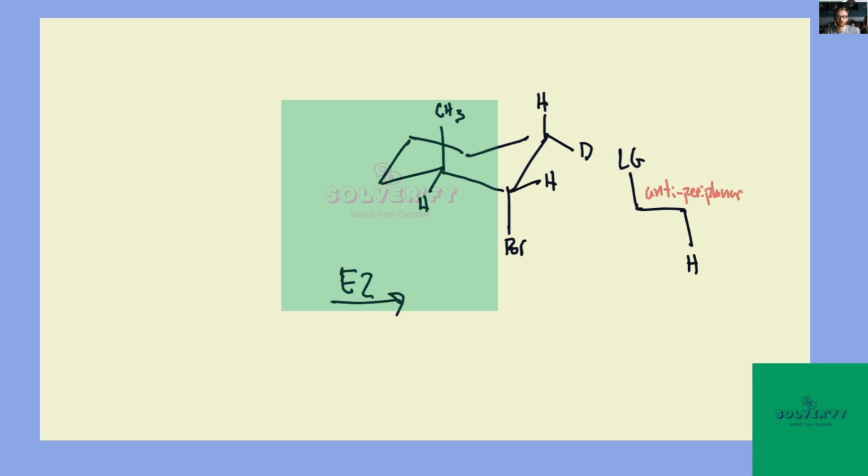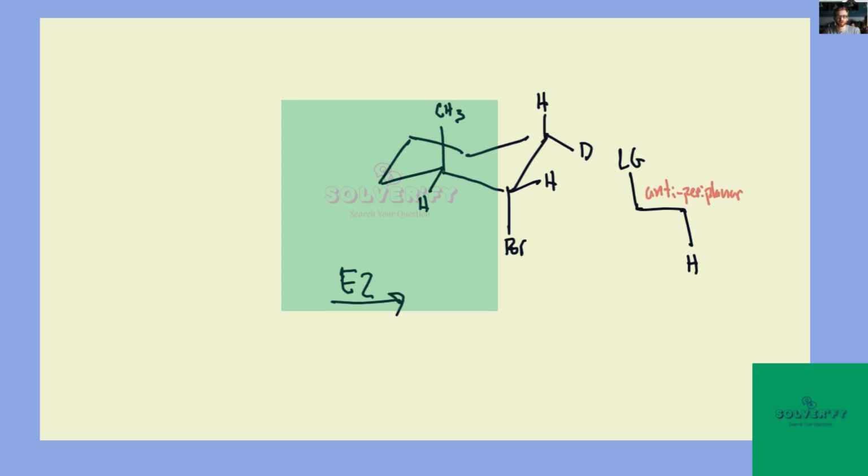And so if we look at our cyclohexane molecule, we can see for one that bromine is axial, which is good because we must have bromine axial in order for it to be anti-periplanar to a neighboring hydrogen on a neighboring carbon. Because if instead, we'll sketch this out really quick.